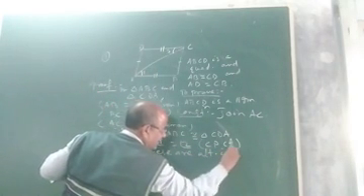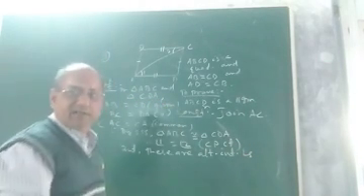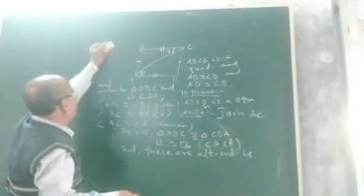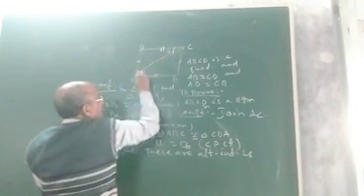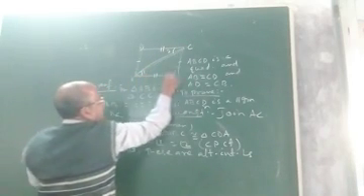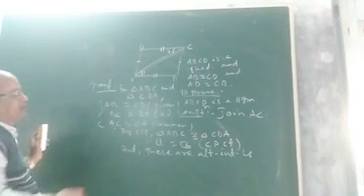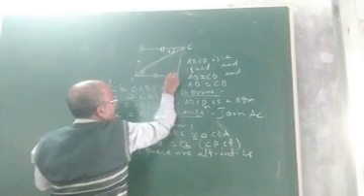Now if they are alternate interior angles, therefore no doubt angle 1 and 2 are equal, and they are alternate interior angles with transversal AC joining AB and CD.